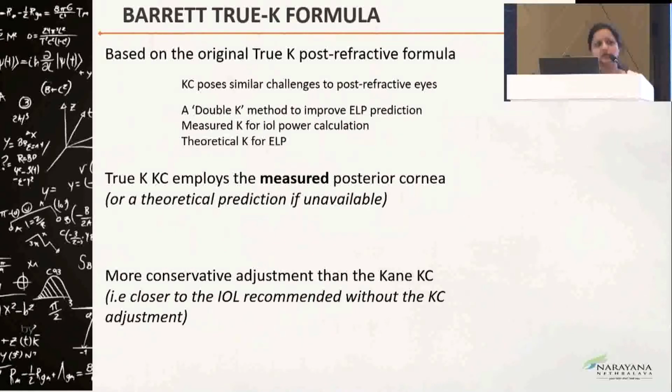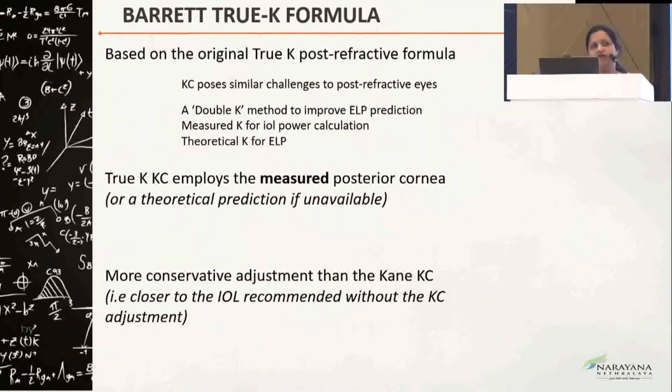KC is also quite similar to post-refractive eyes in a way that the anterior and the posterior ratio is altered. This formula uses a double K method to improve the ELP. That is, it uses the measured K for IOL calculation and a theoretical K to derive the ELP. Even in True-K KC, it employs the measured posterior cornea.